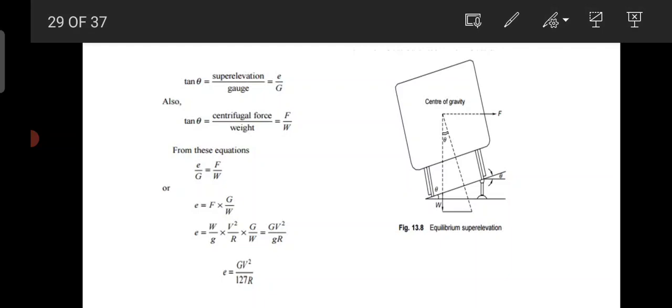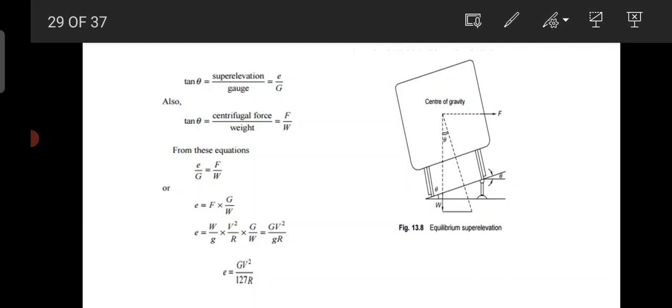So tan theta is equal to super elevation divided by the distance between the two rails, which is nothing but the gauge of the railway track. Super elevation is indicated as small e and gauge is indicated as capital G. So tan theta is equal to e by G. Also, theta is the inclination between the weight of the railway vehicle W and the resultant force.